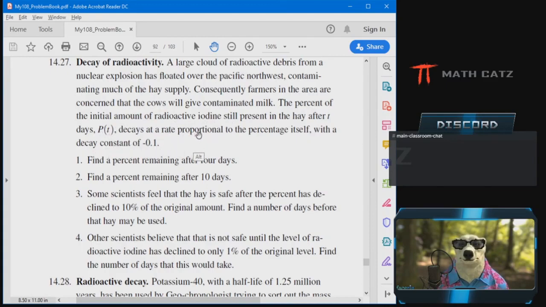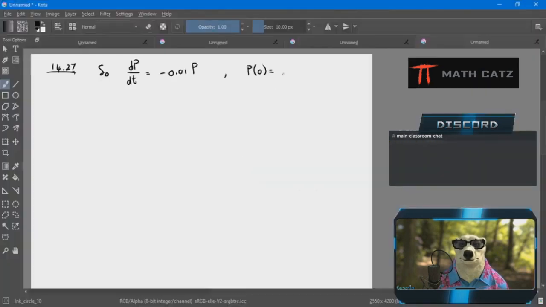It decays at a rate proportional to the percentage itself with a decay constant of negative 0.01. Now it's a little bit deceptive here because now the amount is as a percentage, so at the start there's 100% of the radioactive substance and then it starts decaying. So I'm going to start here with 100.